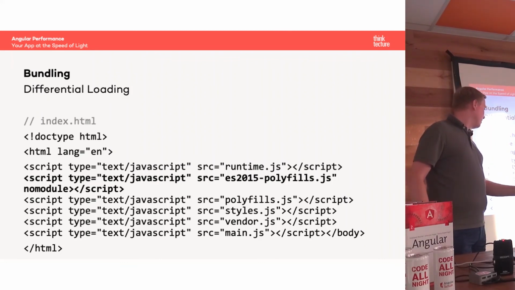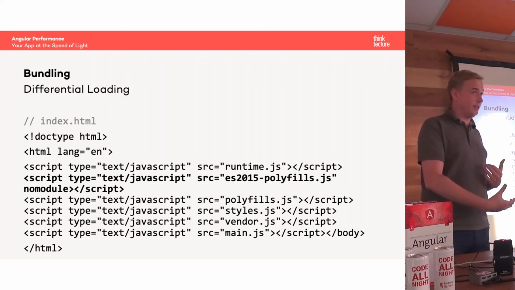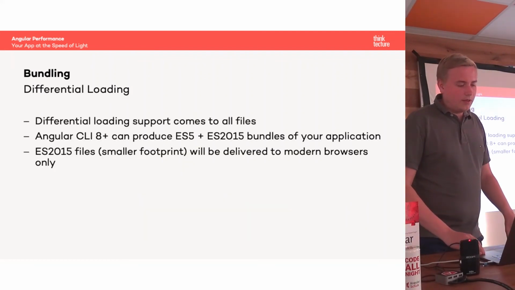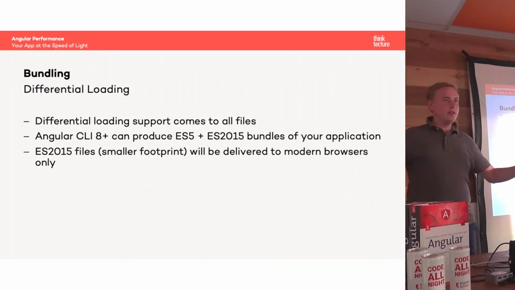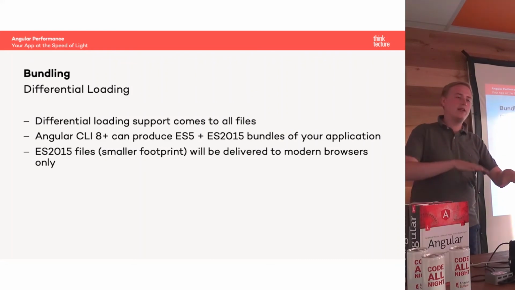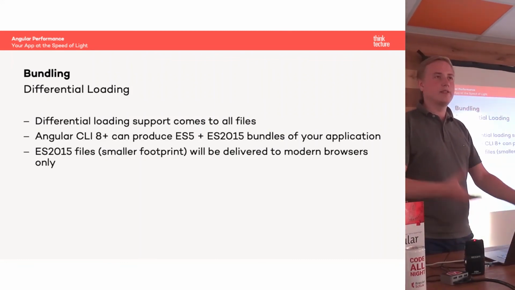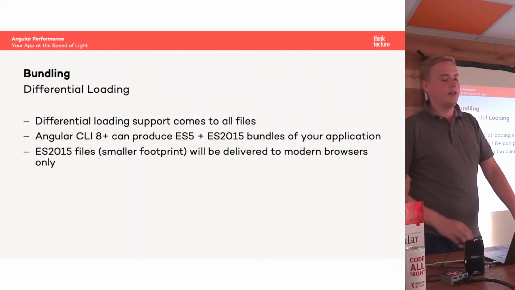And instead, they will only load those files which it actually needs. Alright, now starting from Angular 8, the CLI will create two builds of your application, one for ES5, this is larger and for IE 11 and other legacy browsers, and one for ES 2015, which is smaller and suitable for more modern browsers. And so your user gets a smaller bundle if they have a modern browser.